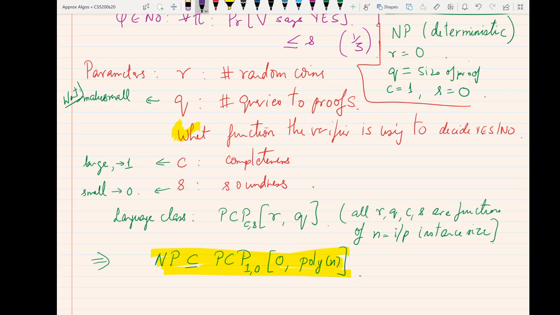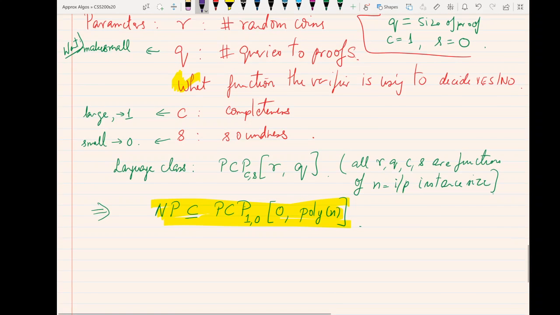Now, this form of one-shot verification of a given proof is not the only type of proof system that exists. In fact, other classes of proof systems have been explored a lot in complexity. In particular, if you have interaction between the prover and the verifier, then it is called Arthur-Merlin one round.